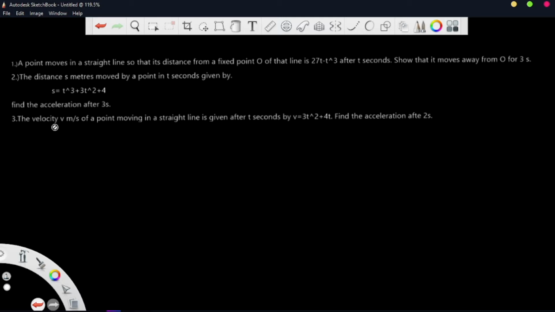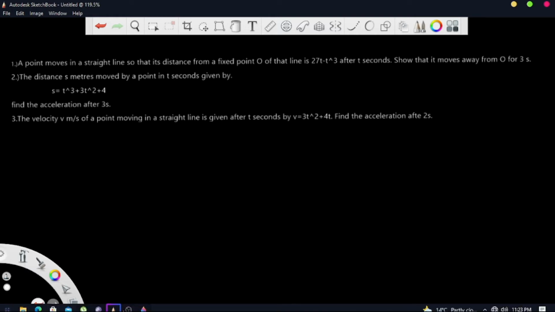So finding the acceleration at this point is going to require of us first to find the velocity. I think at first what I should do is first to find the velocity at that point in time.